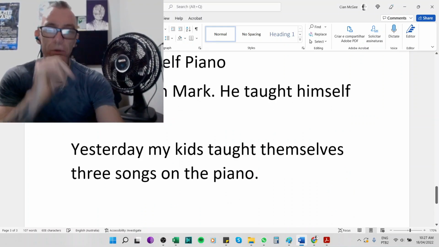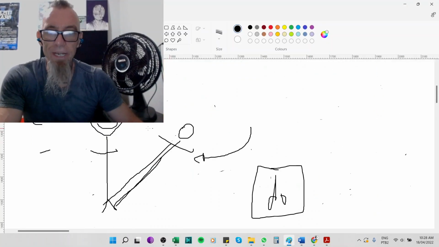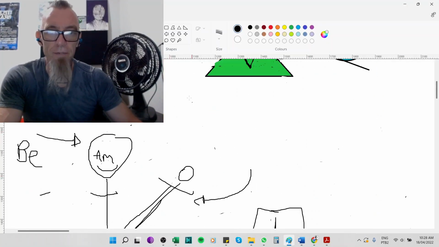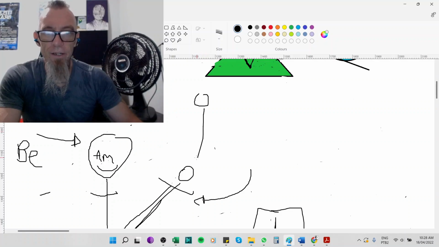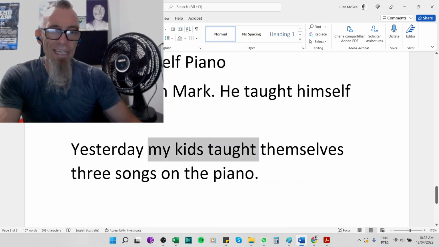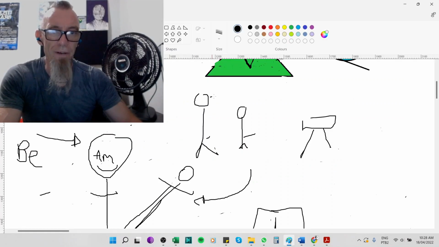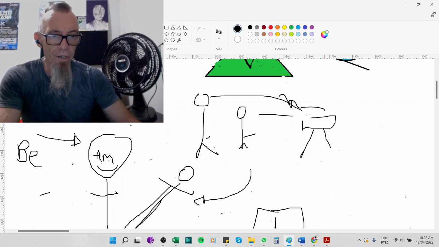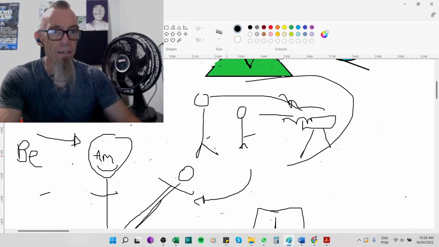All right, so what does that mean? Let's look at my two kids here. This is Nina, and this is Tomas, and this is the piano. Does that mean that when we say my kids taught themselves, Nina helped Tomas? No, it means that each person learned on their own, but together.